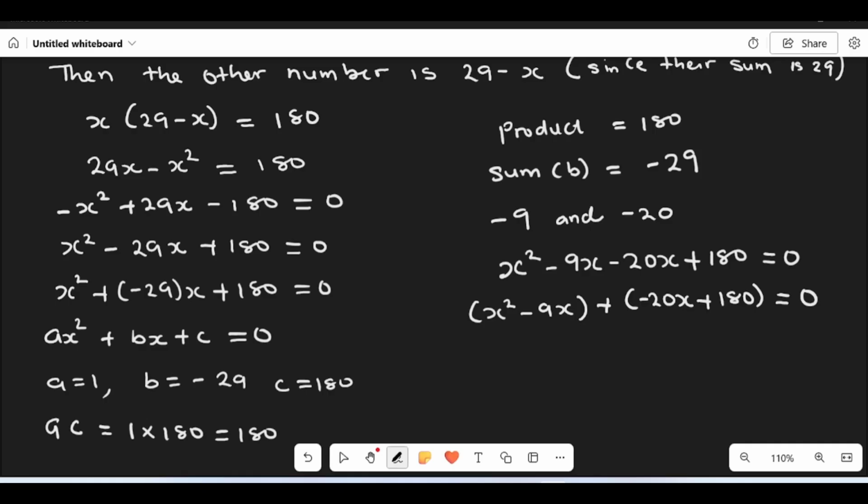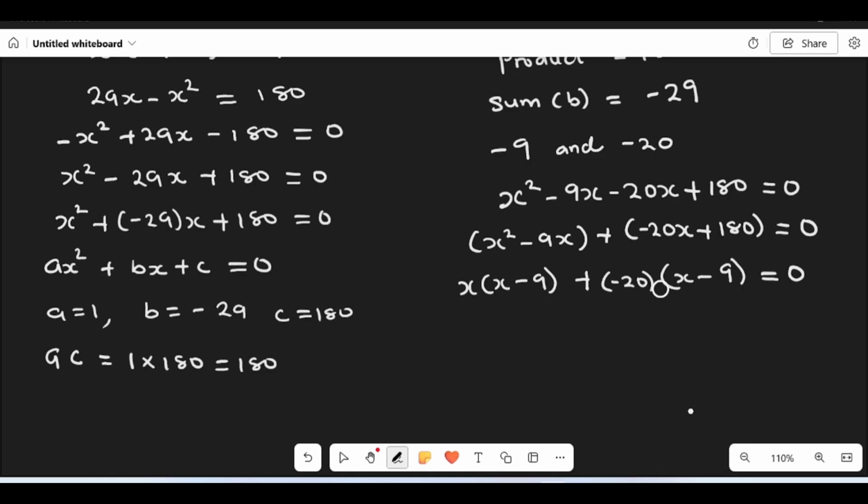Factor out the common factor from each group. The common factor here is x: x(x minus 9), plus the common factor here also is minus 20, minus 20(x minus 9) equal to 0.